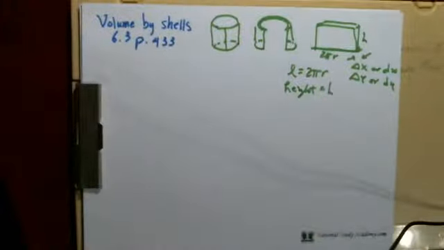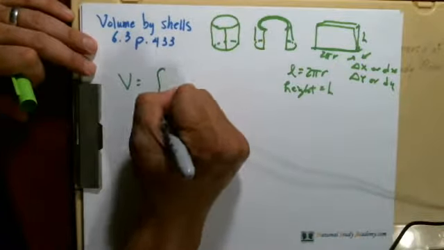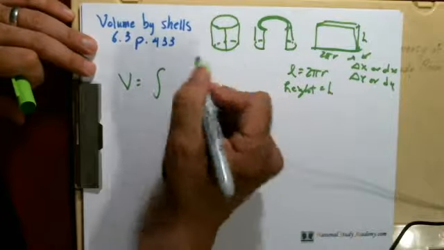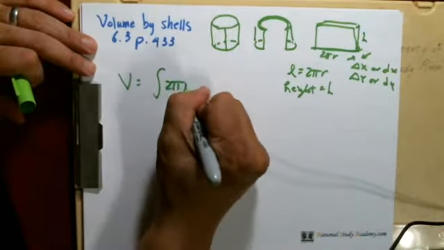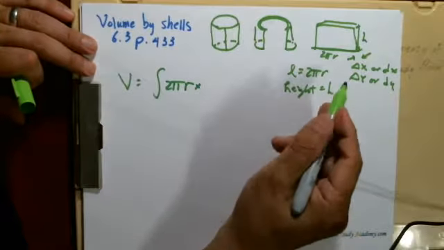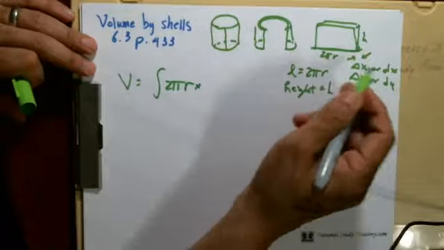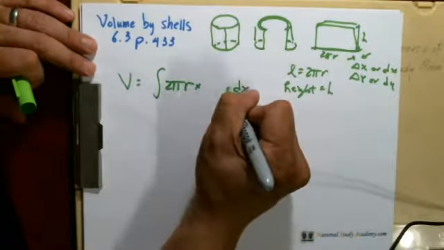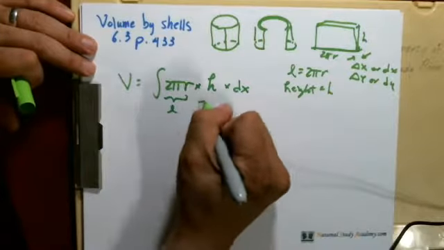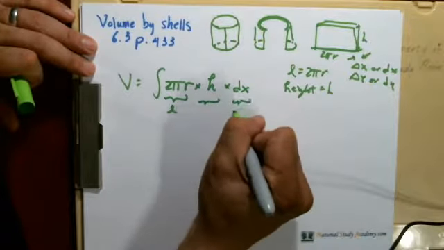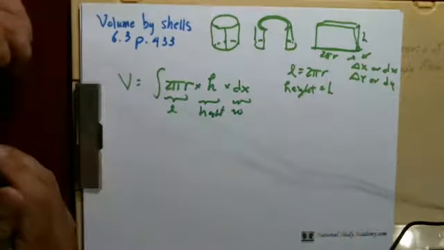Okay, and so what's the formula? Volume is equal to the sum of the length, which is 2 pi r, times the width, which I'm just going to call width, which is delta x for now, and then times the height. That's length times width times height. And that's the formula.